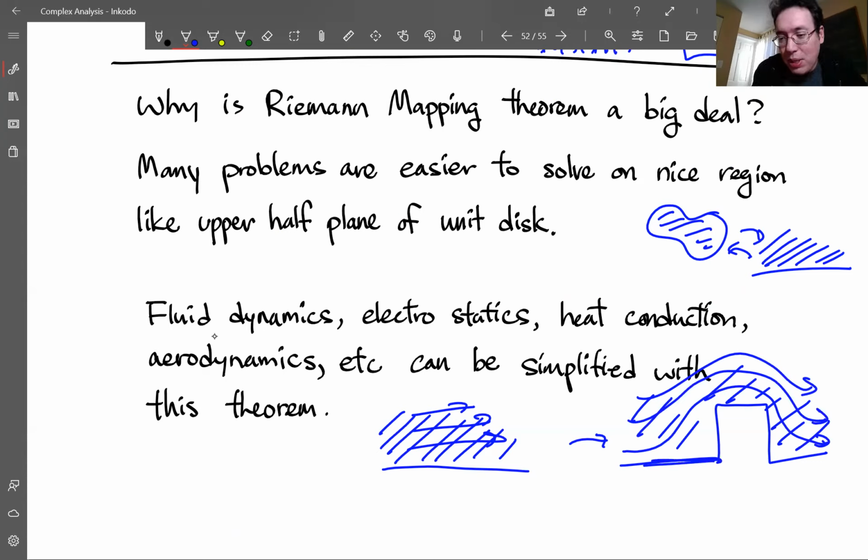So if you had a particular height for the building, you might be able to predict how the wind speed on the ceiling compares to the wind speed on the ground. This is not a simple computation, but you would be able to do it if you just use the conformal map.